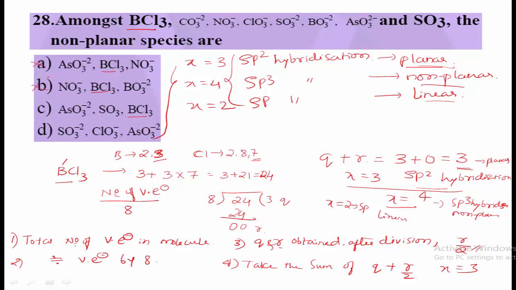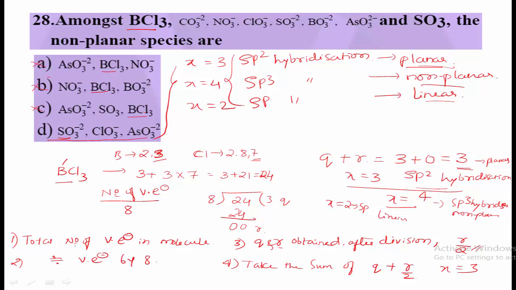Option C also consists of BCl3, so this option is also not possible. Option D does not consist of BCl3, but you have to check whether any one of these ions will show the planar structure or non-planar structure.